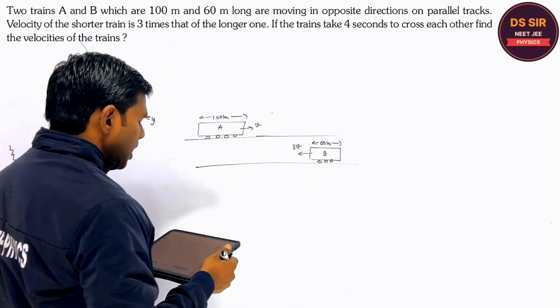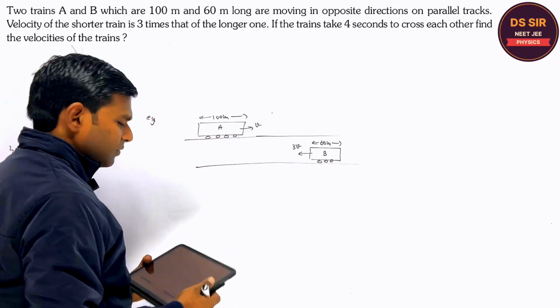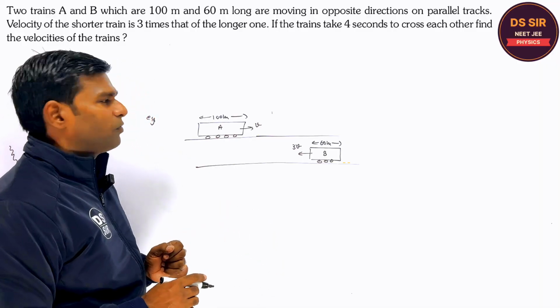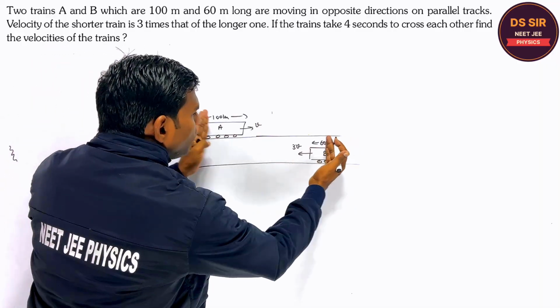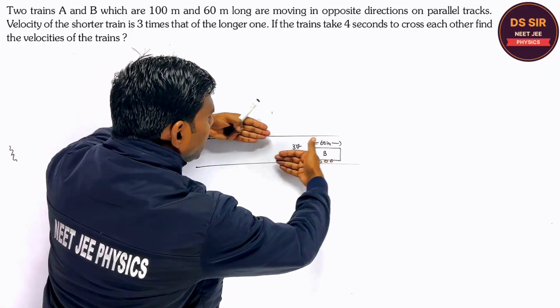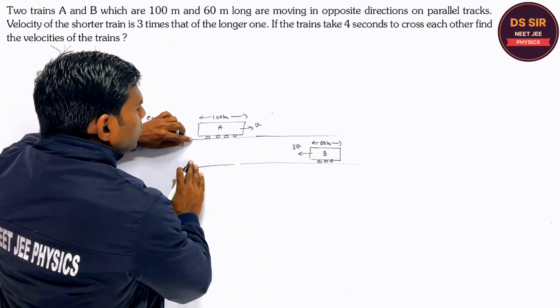Now, it takes 4 seconds to cross each other. Find the velocity. Listen, what is the meaning of the crossing? First of all, you understand. Although they are moving like this, and they are crossing each other, what will you do?